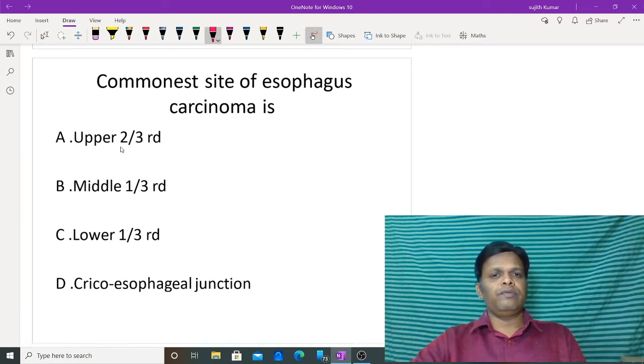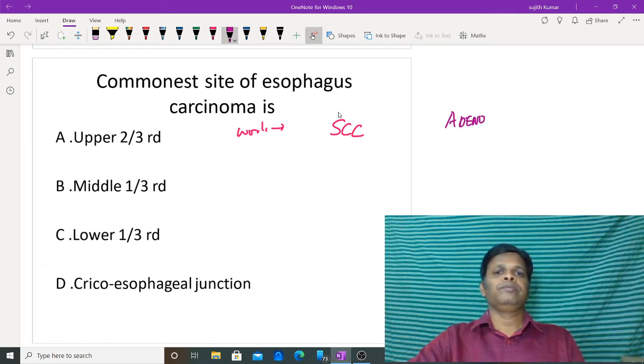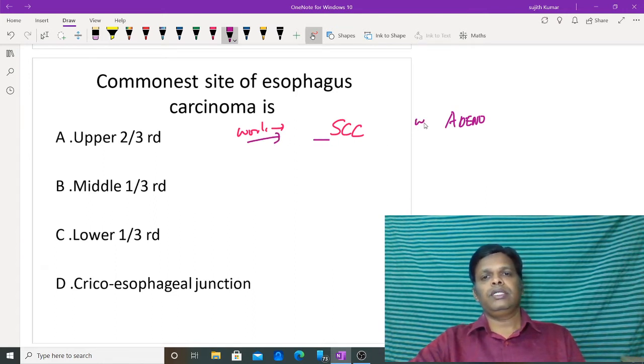The commonest type of esophageal carcinoma is, okay, if you take worldwide, the commonest tumor is the squamous cell carcinoma. Whereas in Western countries, the commonest carcinoma is adenocarcinoma. Okay, so if the MCQ asks worldwide, then that is squamous cell carcinoma, and in the Western countries, it is adenocarcinoma.